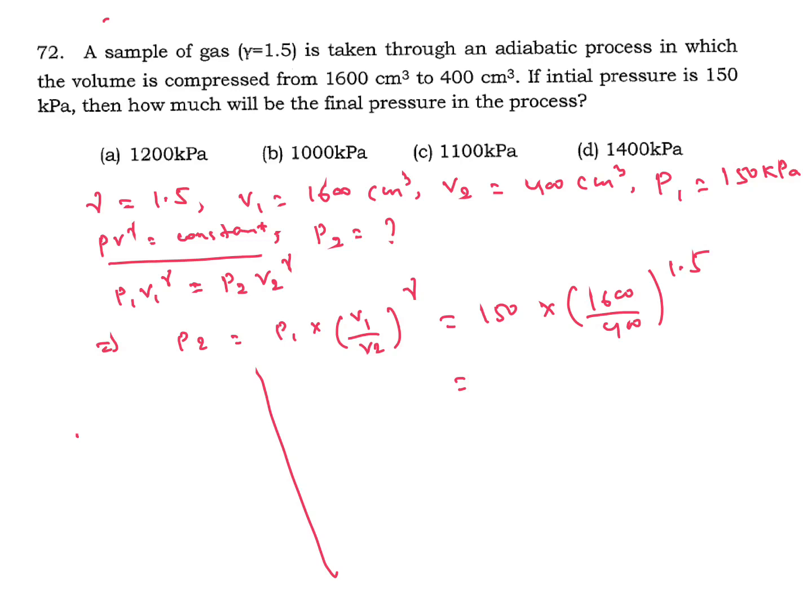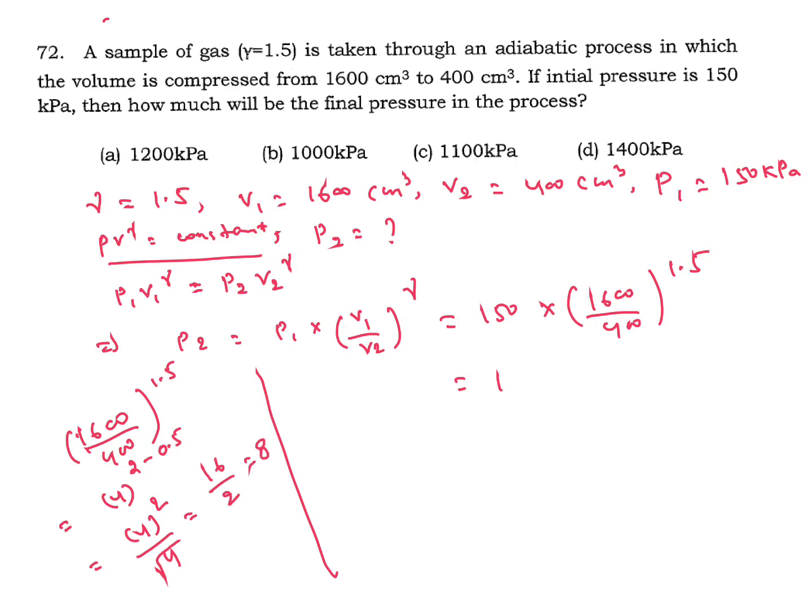Here I will tell you how we will solve this one. 1600 by 400 whole to the power 1.5. It's 4 to the power 1.5. We can write it as 2 minus 0.5 or half. It's 4 square by 4 root over, 16 by 2, it's 8.